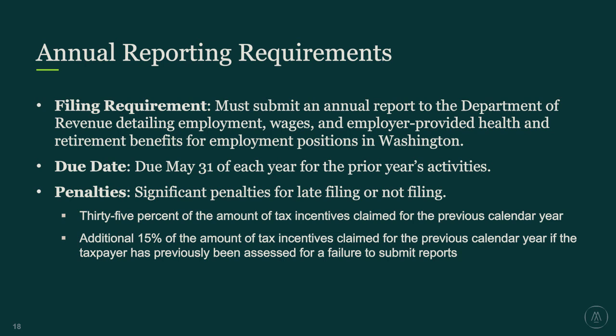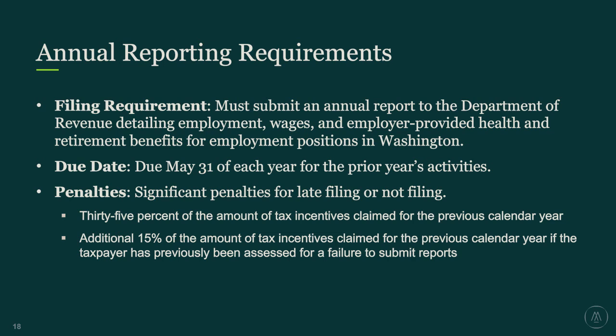Historically, if you didn't file it, it was a 100% clawback of the value of the incentives you took in the prior year. In the last year or two, I think the department decided that given that was a pretty harsh penalty, they've reduced it to a 35% penalty, meaning that they claw back 35% of the value of the incentives you took in the prior year.